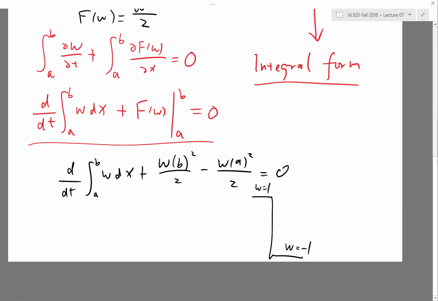Can somebody use the integral form to tell me in which direction the shock wave is going to move? Towards the right? Why?